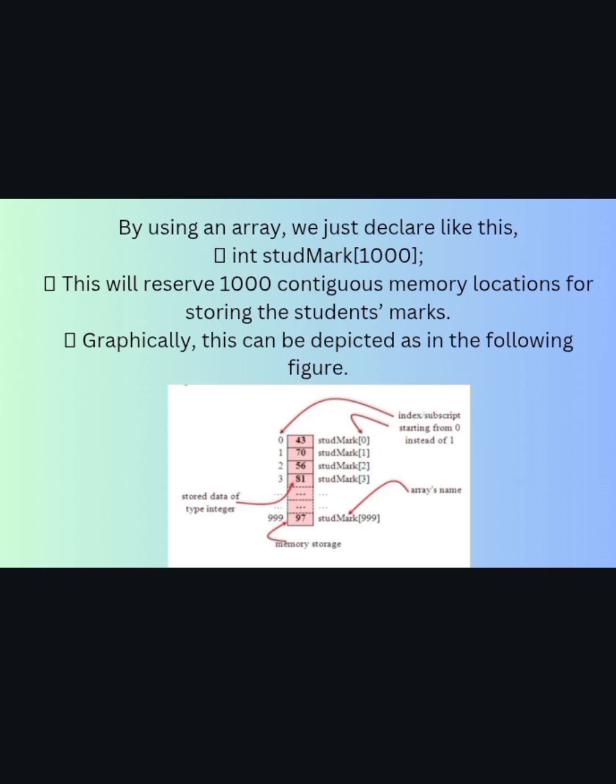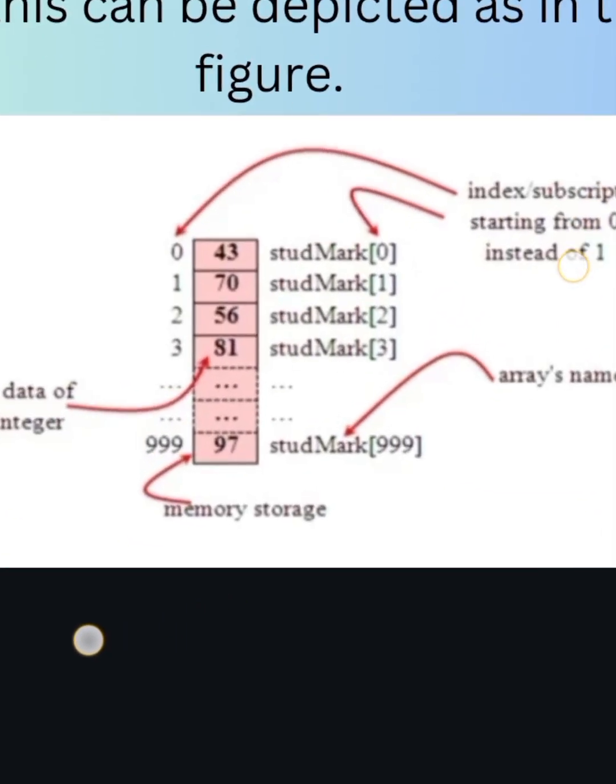By using an array, we just declare it like this: int student_mark[1000]. This will reserve 1000 contiguous memory locations for storing the students' marks. Graphically, this can be depicted as in the following figure.